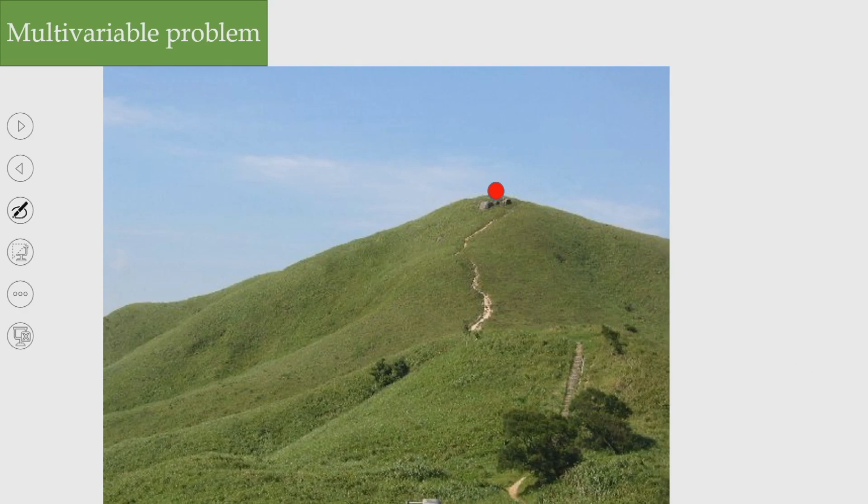Now, this algorithm can be explained using the hill climbing problem. Suppose this is the optimal solution, or I can say this is the maxima of this particular hill, and I would like to find this optimal point. Suppose you are at this particular location.